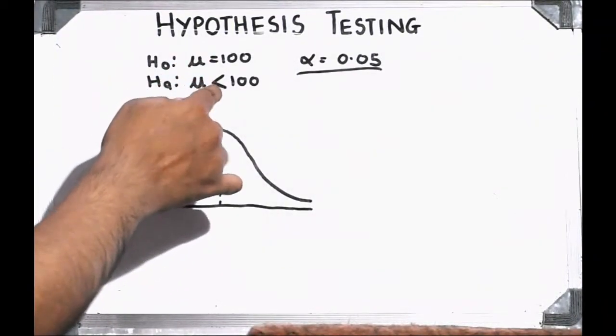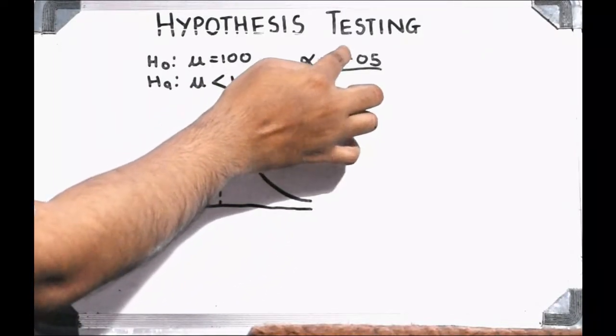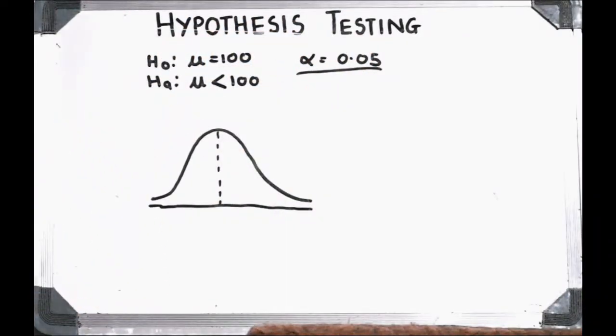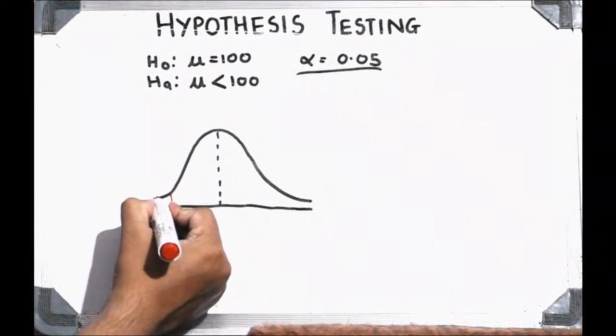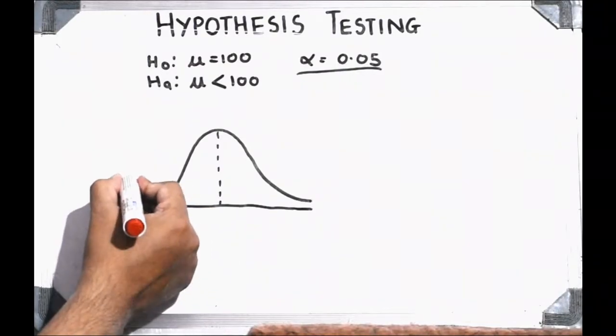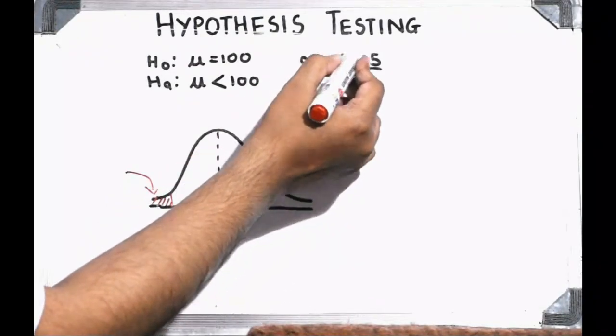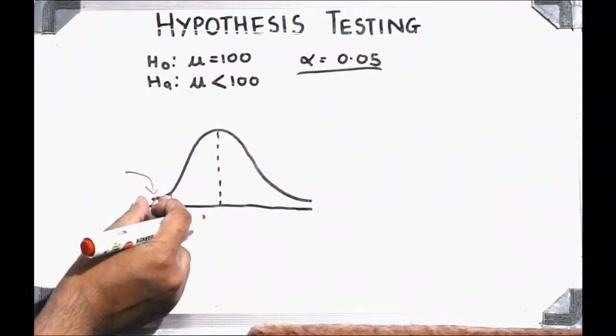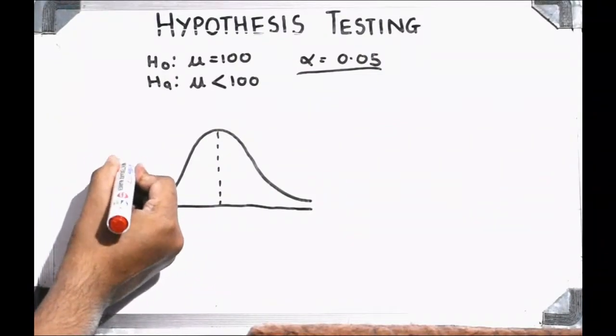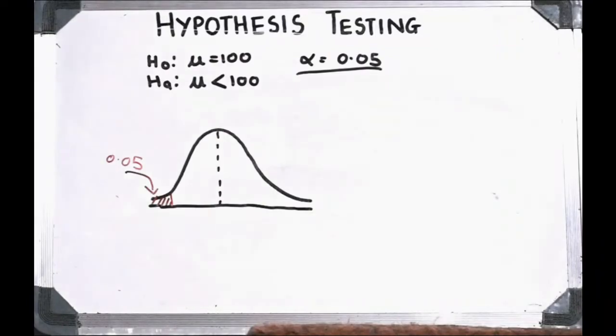So less than means the alpha 0.05 value will lie on the left side of the tail. Now we mark the rejection region. It would be lying on the left side of the tail. Alpha value 0.05 means the area under this red zone is 0.05. We have to find the corresponding critical value from the Z table or the T table, depending upon what test we are doing.